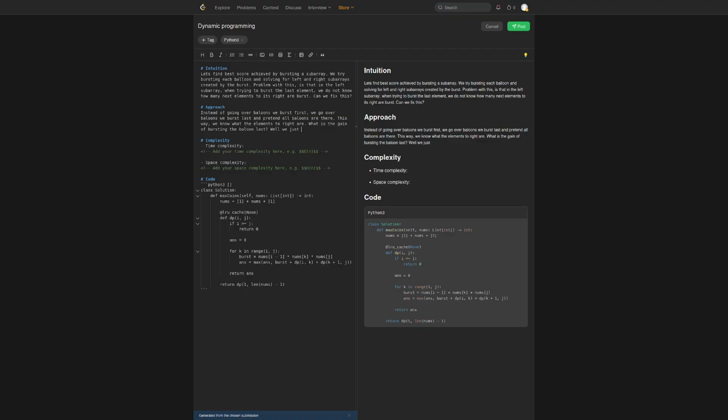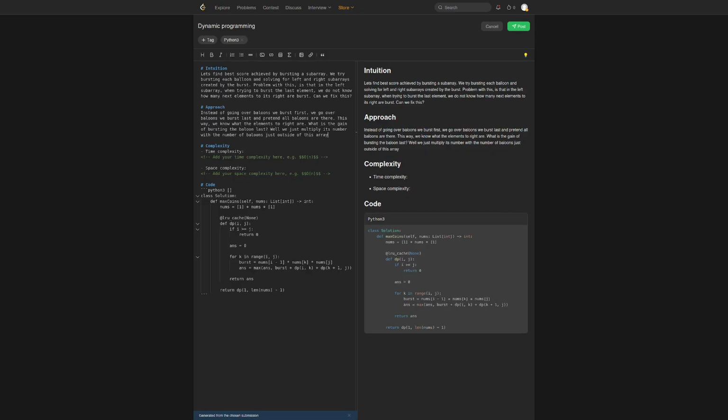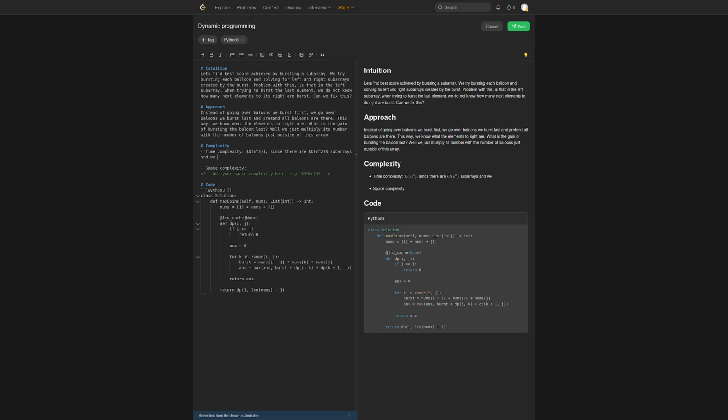Well, we just multiply its number with the number of balloons just outside of this array. O of n cubed, since there are O of n squared subarrays and we do O of n work for each of them.